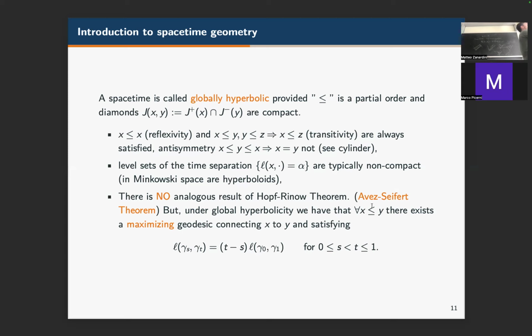Notice that you have to ensure that s is strictly smaller than t, because a posteriori gamma is a causal curve, and if you swap t and s, this quantity is minus infinity, because one is in the past of the other, and typically L is anti-symmetric. It's not symmetric. You have to be very careful about the order.